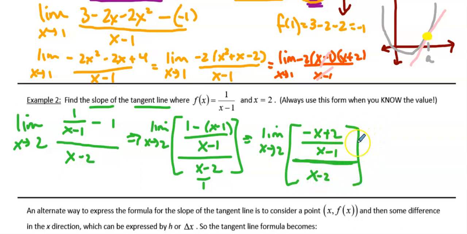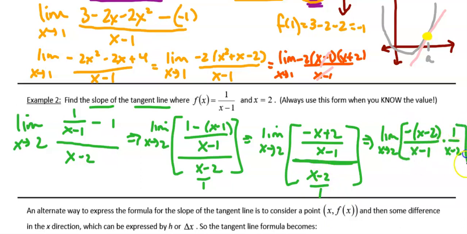And so hopefully this is going to start making sense to you guys now of what we're doing. We're going to do the limit as x approaches 2 again. I'm going to pull out a negative in the top here, so it's going to be negative, x minus 2, all over x minus 1. If you're dividing by a fraction, you multiply by its reciprocal. So I'm going to go ahead and do this.